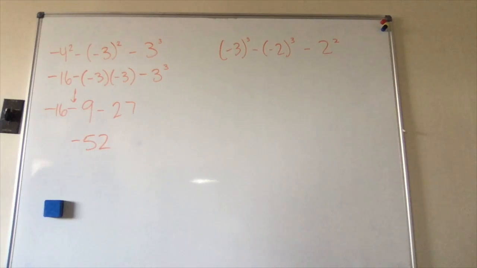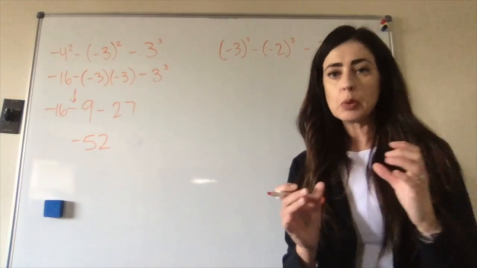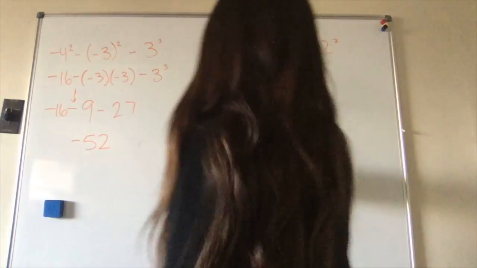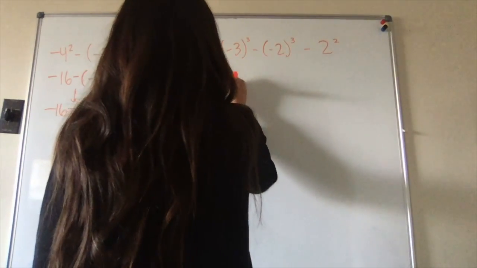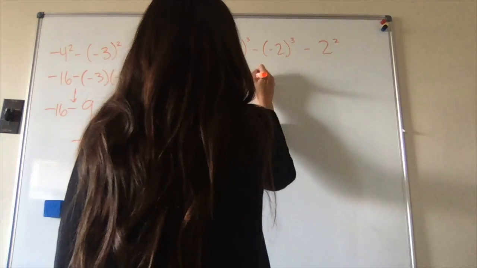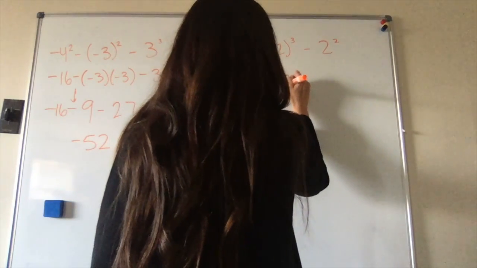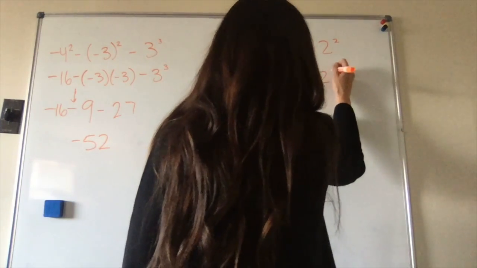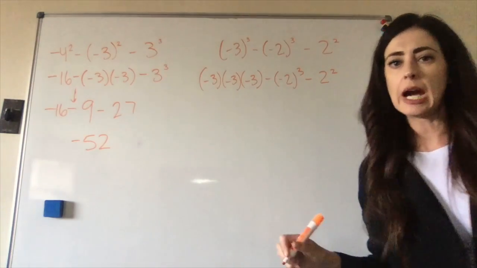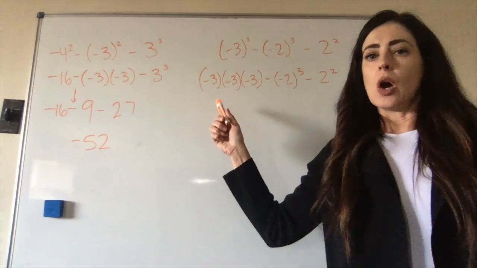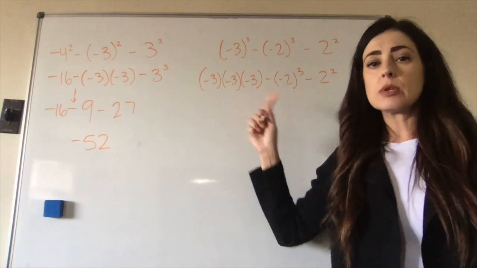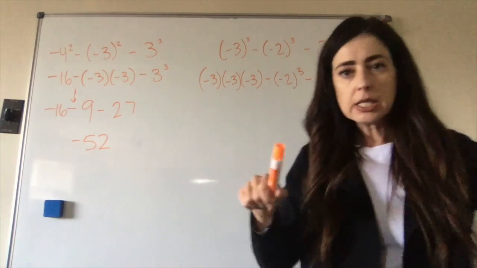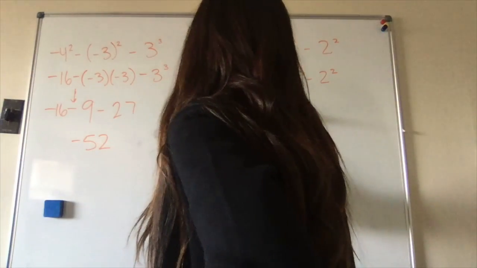All right, next one, negative 3 cubed. The negative 3 is inside parentheses, so it expands out to negative 3 times negative 3 times negative 3. I'm going to write the rest of the problem out, because we're going to go step by step. We know that 3 times 3 times 3 is 27.